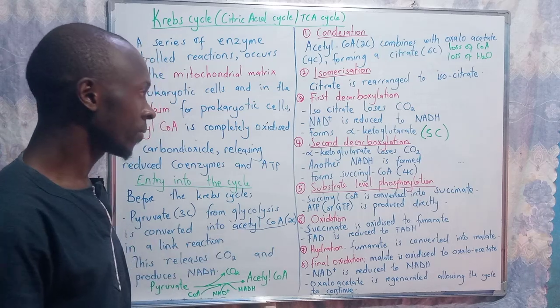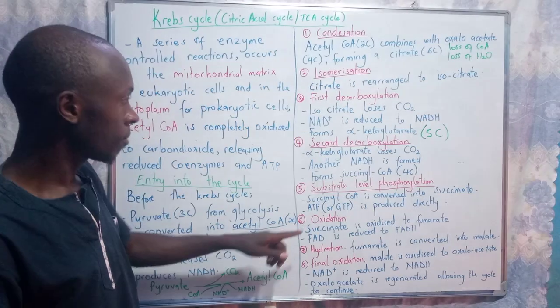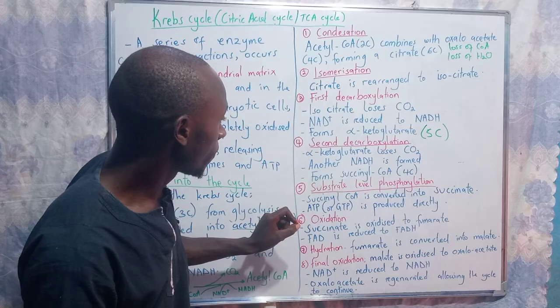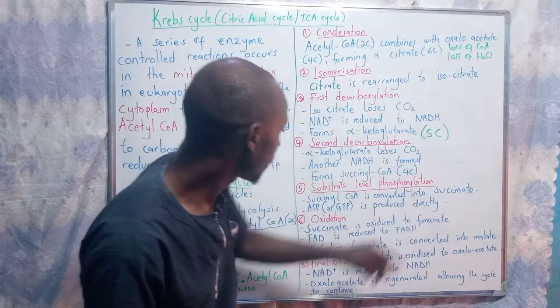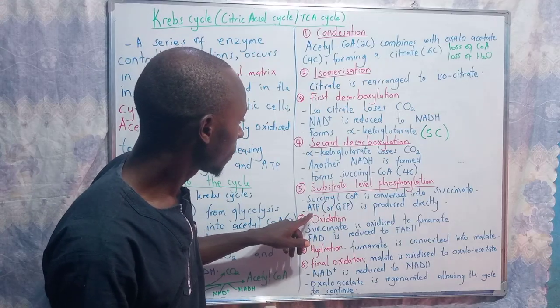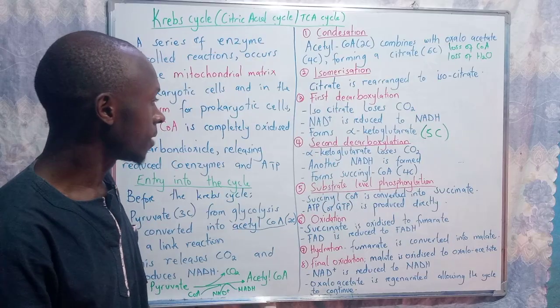Stage number 5, we're having substrate level phosphorylation. Substrate level phosphorylation means that succinyl coenzyme A is converted into a succinate. ATP or GTP is produced directly.